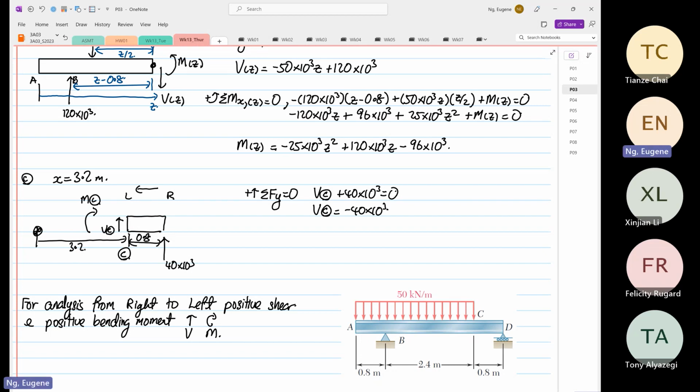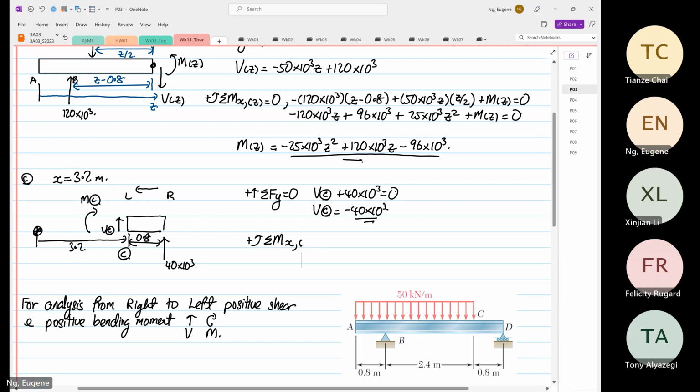Okay. And then we're going to take moments. Summation of moment in the x direction anywhere at 3.2, which is at this point, or point C, is equal to 0.